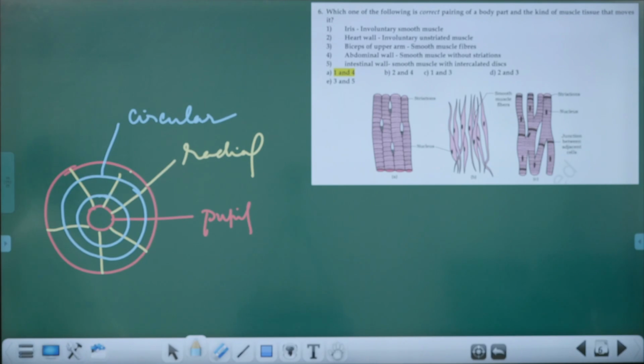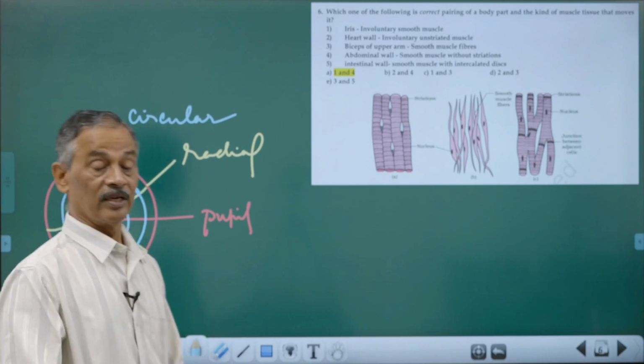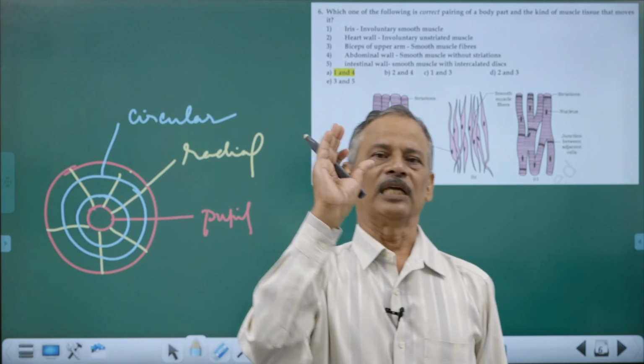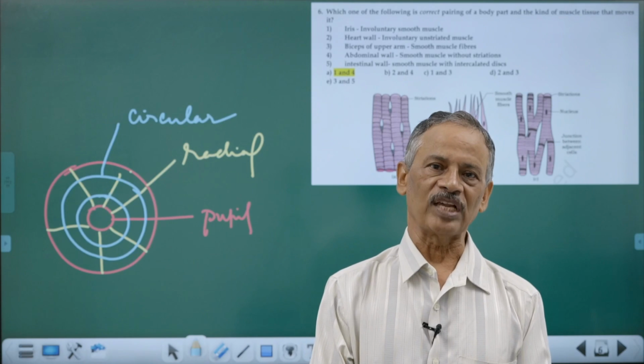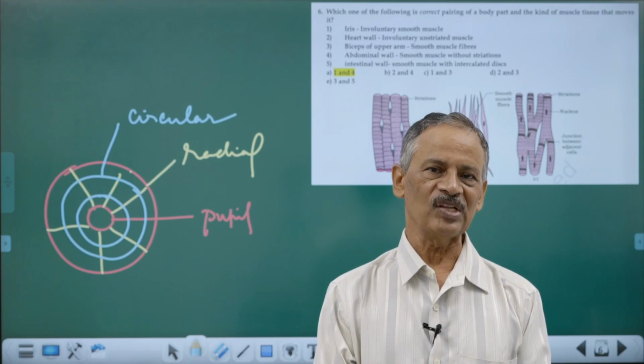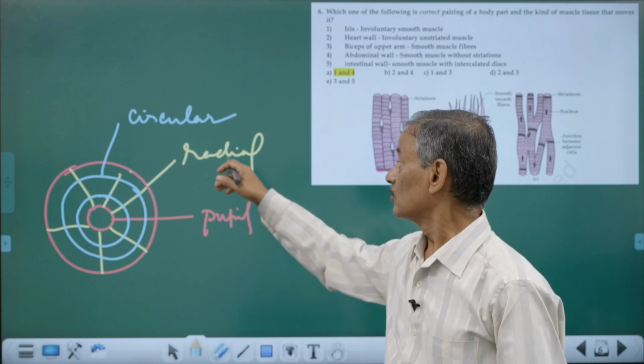When circular muscles contract, the pupil become narrow, less in diameter, so less amount of light will be entering in. Thus, the amount of light that is entering into the eye is automatically regulated by these two sets of muscles, radial muscles and circular muscles.